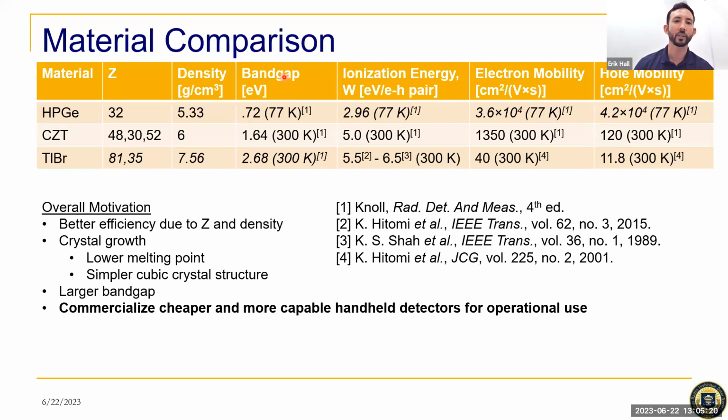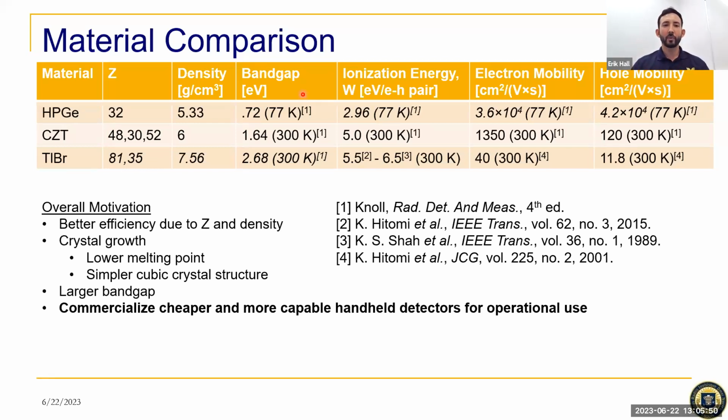The band gap is a characteristic that describes the energy required for an electron to move from the valence band to the conduction band. A material with no band gap is essentially a conductor, whereas a material with over 5 eV of band gap is basically an insulator. So semiconductors are right in that gap of 0 to 5 eV.